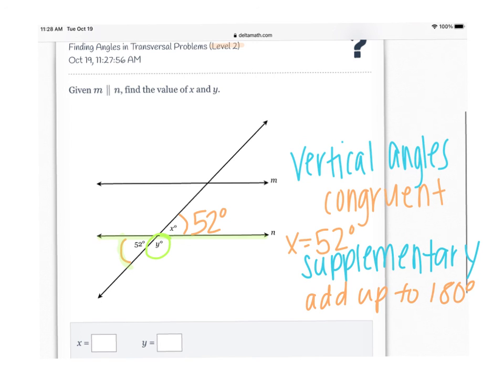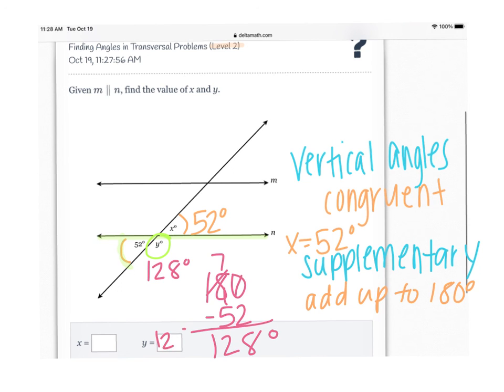So what I'm going to do is subtract 52 from 180. So when we subtract, we should get 128 degrees. So 128 for Y and 52 for X.